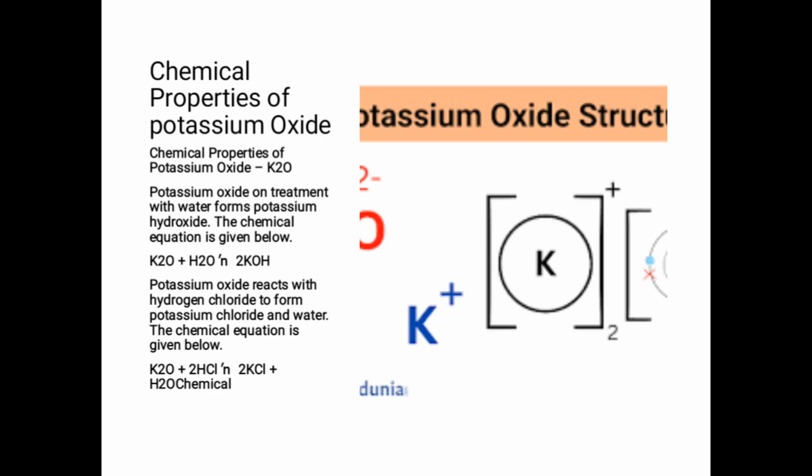When we look at the chemical properties, for instance, when you react it with water, it forms potassium hydroxide, like we have said for period 3 elements as well. It also reacts with hydrogen chloride to form potassium chloride and water. We have said that previously.